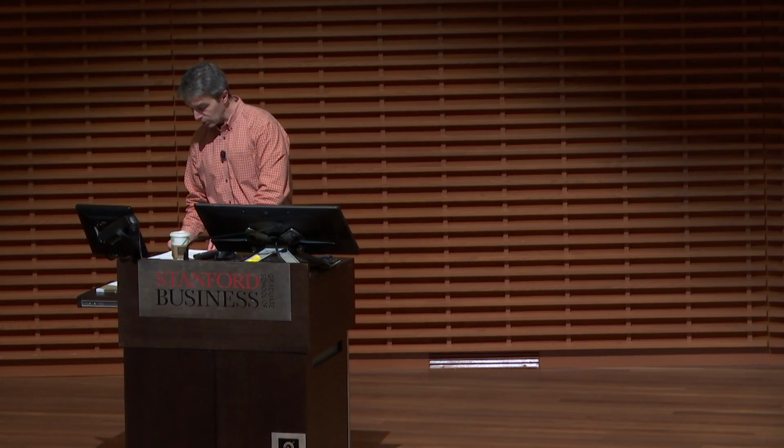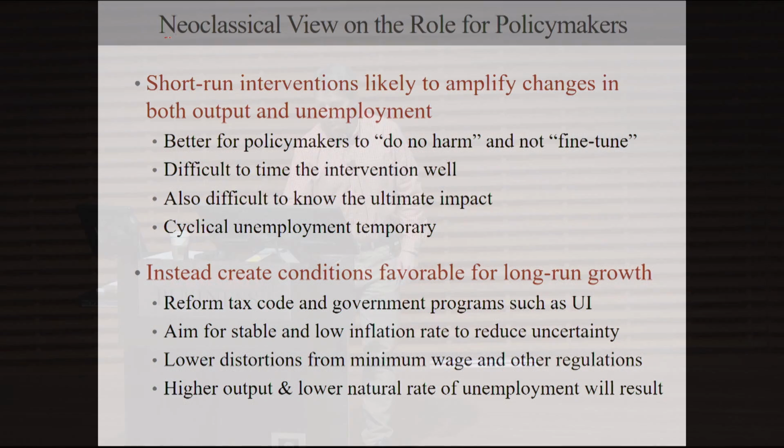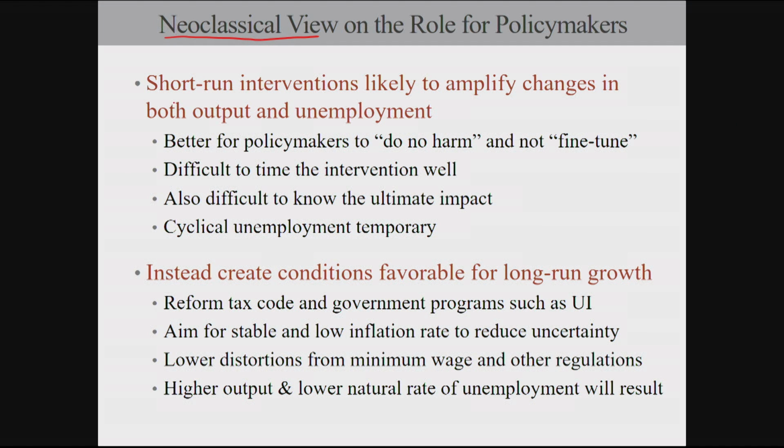Given this difference in views between the neoclassical and the more Keynesian view, the neoclassical view is that short-run interventions are likely to amplify changes both in output and unemployment.